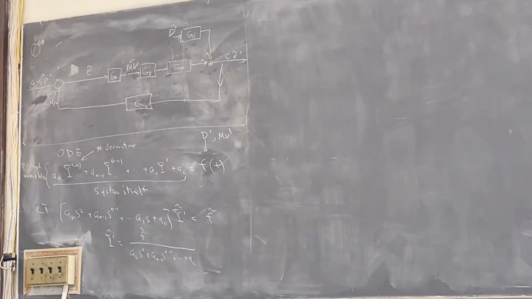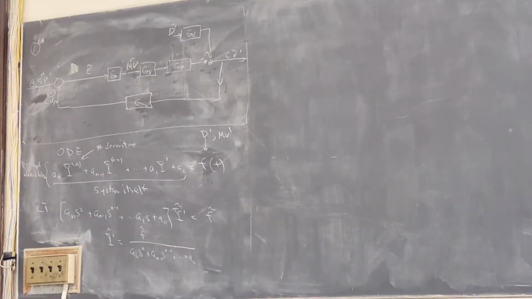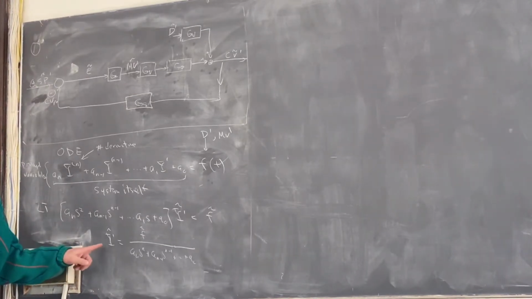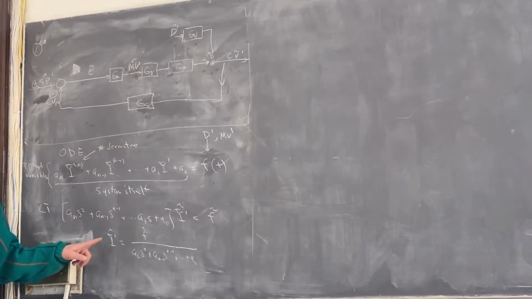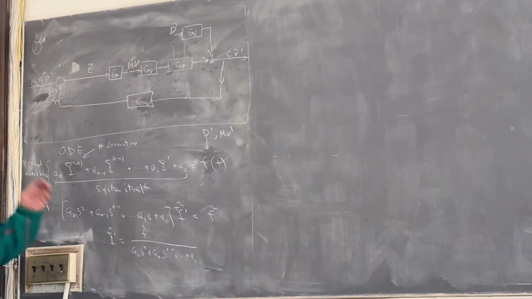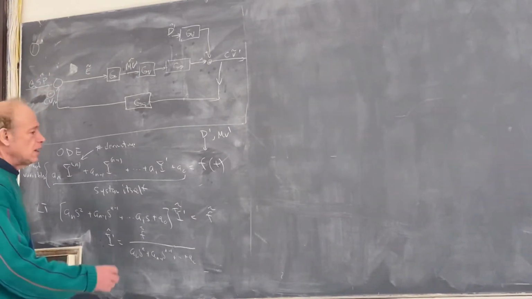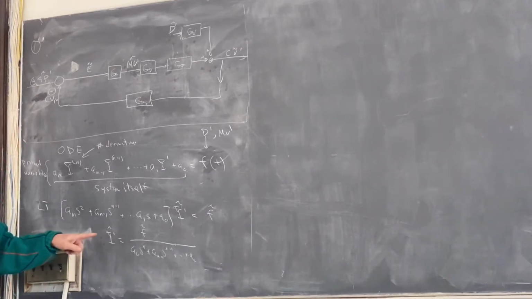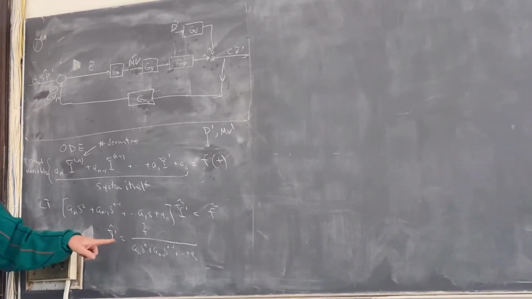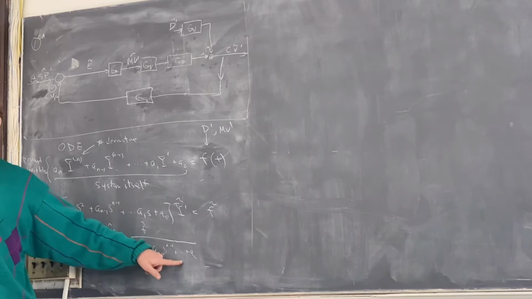Now why do I go through this? I go through this because if you remember, if we're interested in the stability of y prime, or y, the control variable of the system, then we noted that the stability of the system depends only on the denominator.